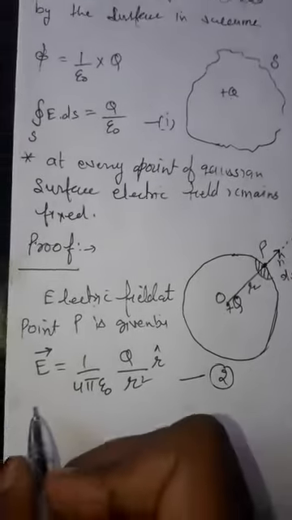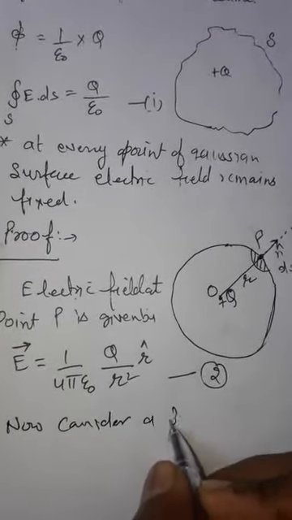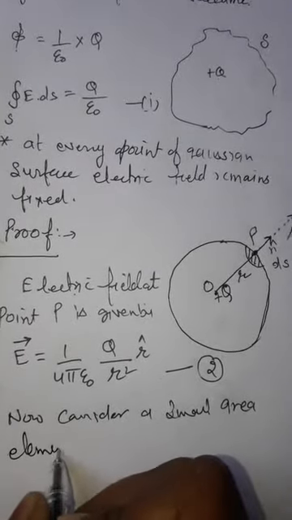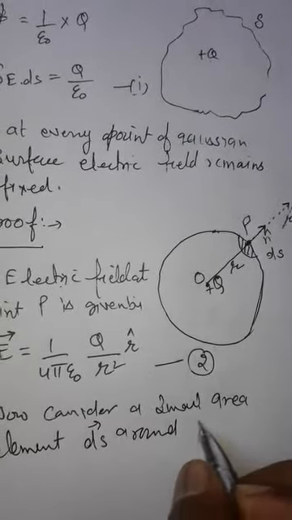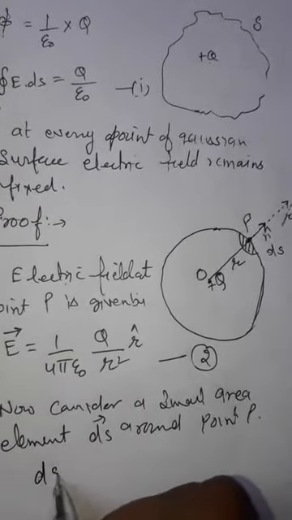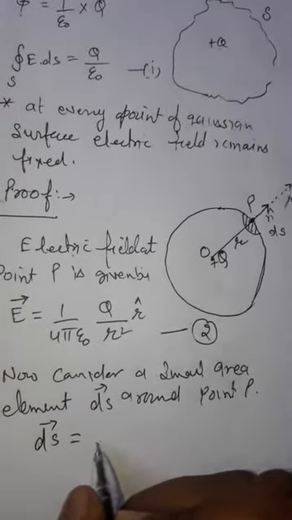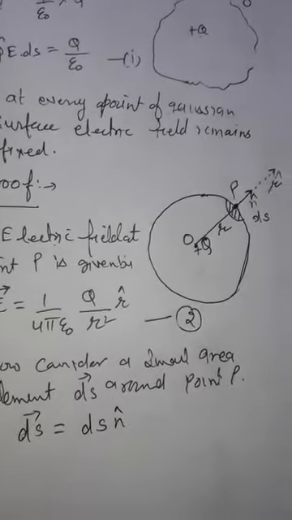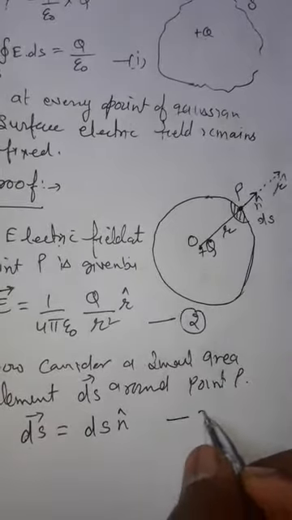So consider a small area element ds around point P, such that the area vector ds must be equal to the magnitude of this area times its direction. Say this is equation third.